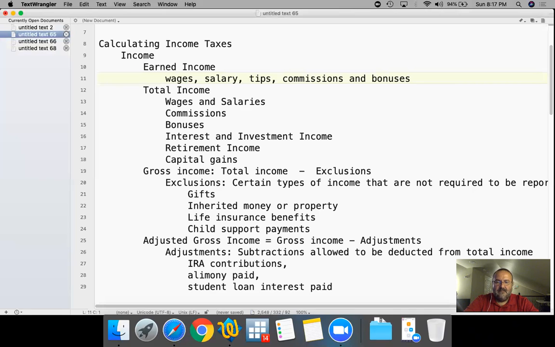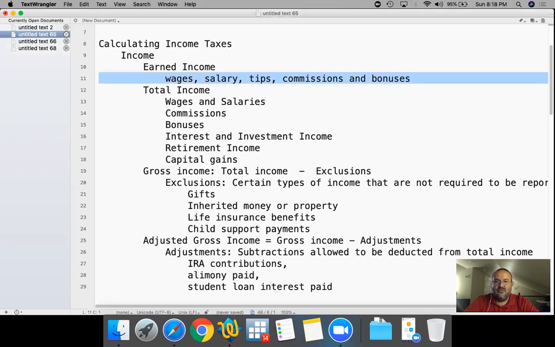When you get a job, you tell your employer how many exemptions you have: if you're married, you're single, you have kids, how many kids, and so on. They calculate a tax rate for you, and then they will withhold some of your income for paying income taxes, and then for Social Security and Medicare, and whatever is left will be paid to you in your paycheck.